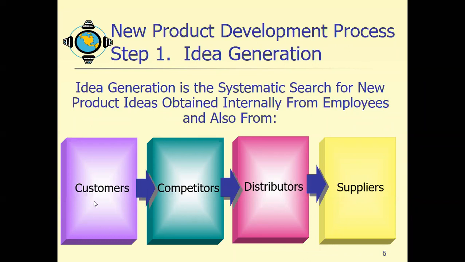Customers are the ultimate users of your product, so they know what can satisfy them most. You can ask your customers for new product ideas. You may have a slot on your website to pick up ideas. You can request your customers to put ideas in that slot and submit.